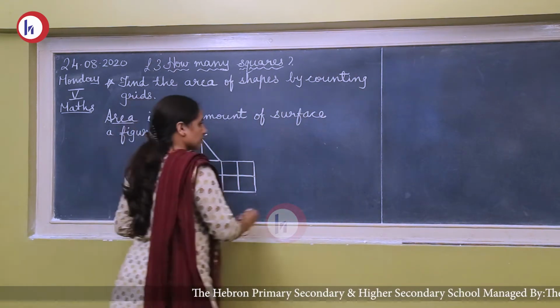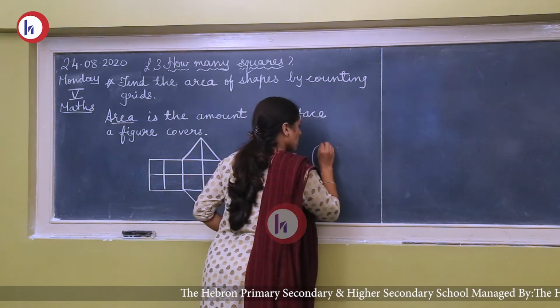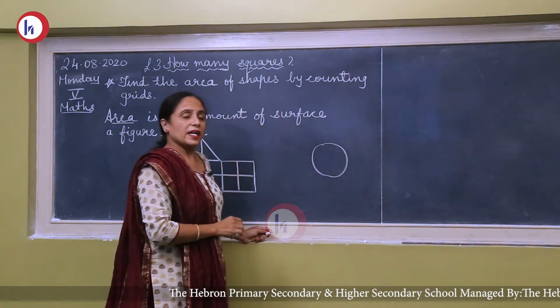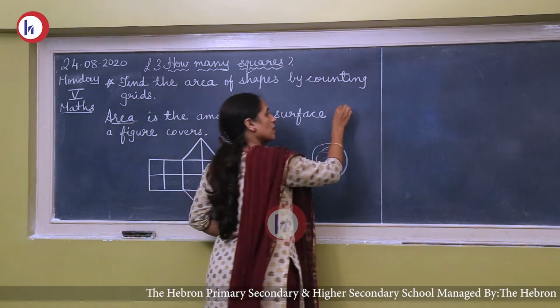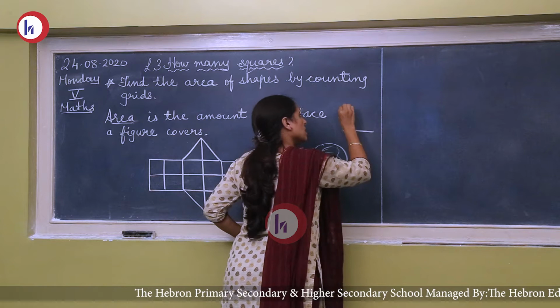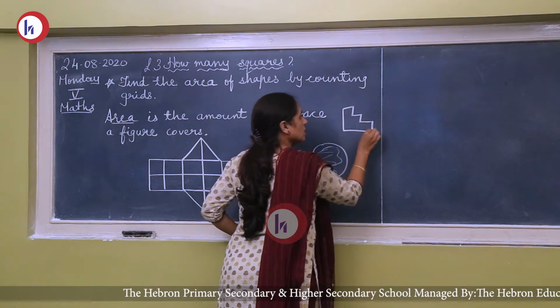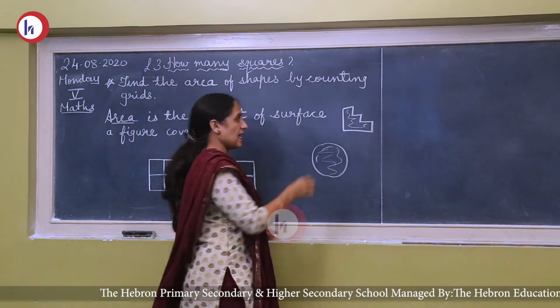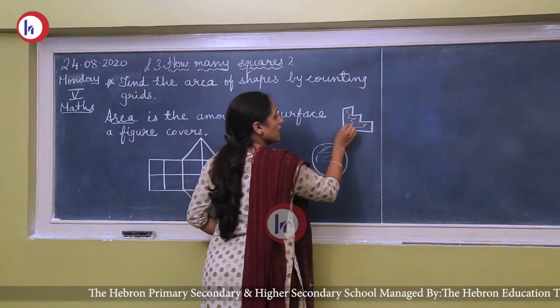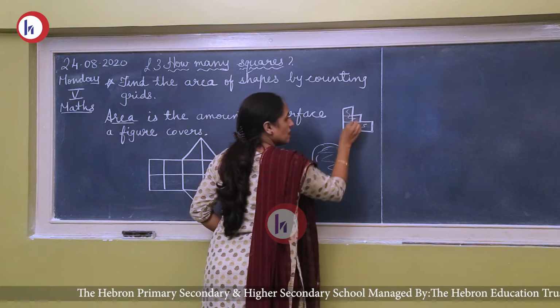Look at here. Here I draw a circle. Area means this inner part. If I draw on this figure, area means inner part. That means we have to find out the area in this figure.